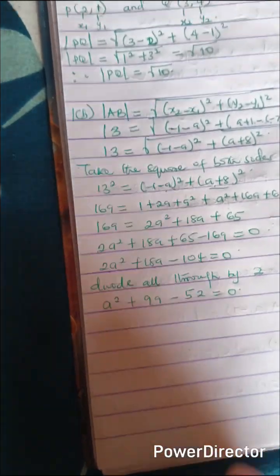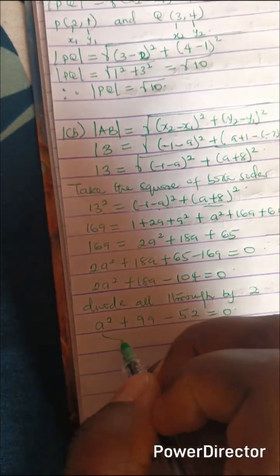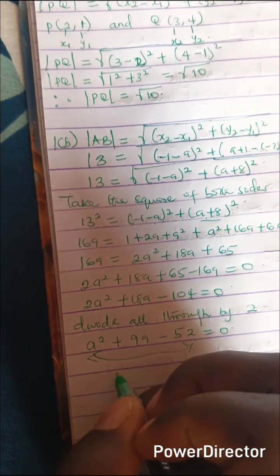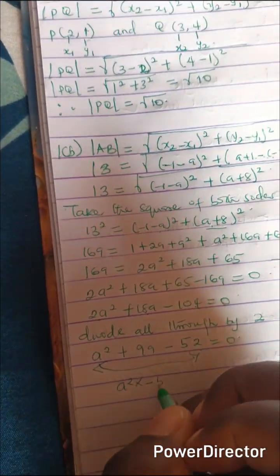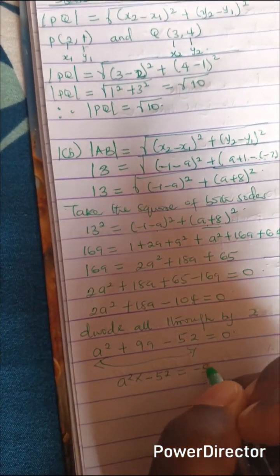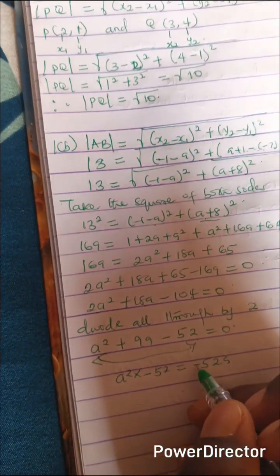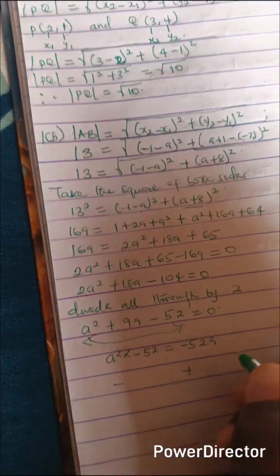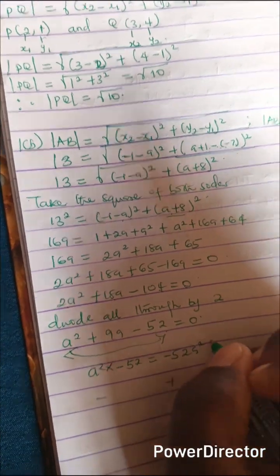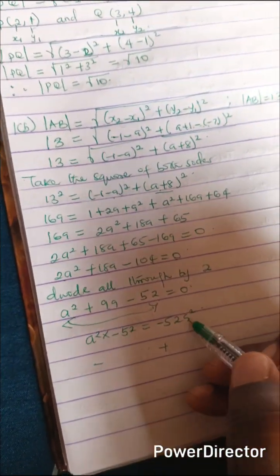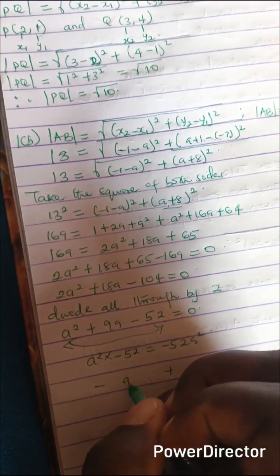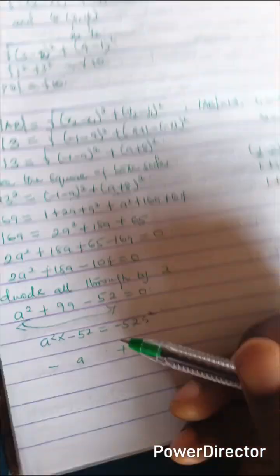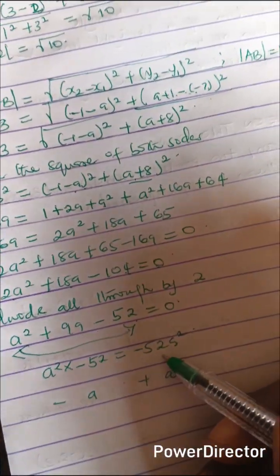So what do you do next? What you should do next is find the factors of minus 52a squared. You multiply the first term and the last term together. You have a squared times minus 52, and minus times plus will give us minus. So you have minus 52a squared, and a times a will definitely give you a squared. Now what are the factors of 52?